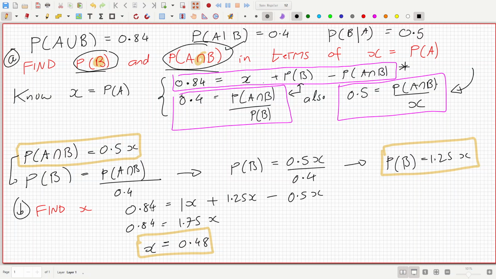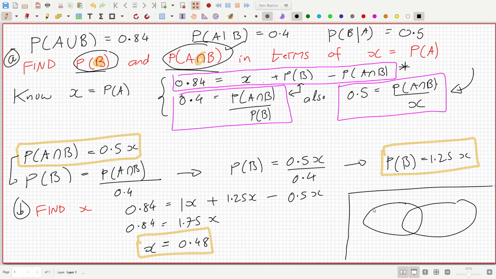And then what's the last part here? Oh, we have to draw it in the Venn diagram. Okay. A, B, A and B, where's that? That's this one here, which is 0.5 times x.